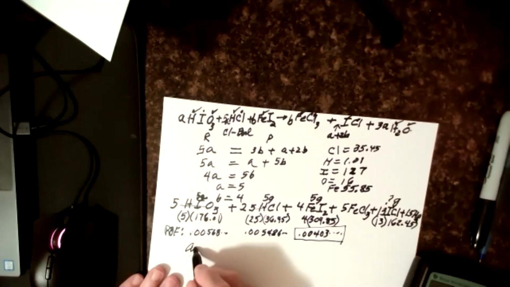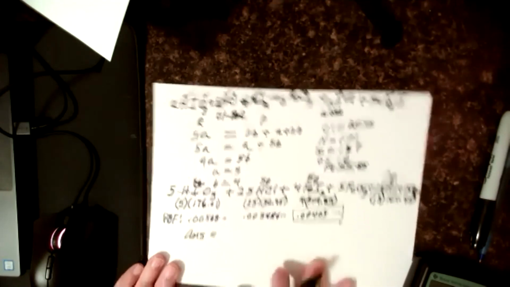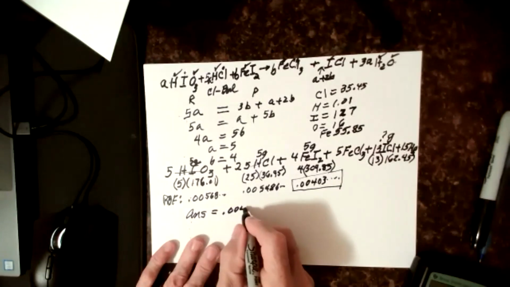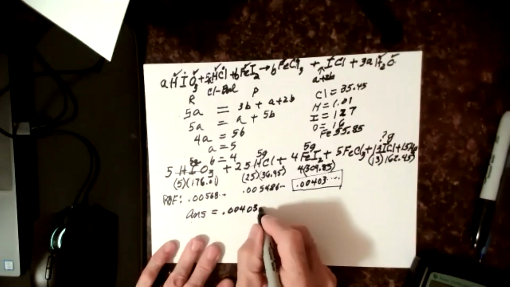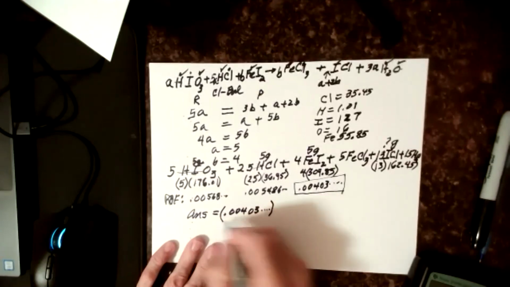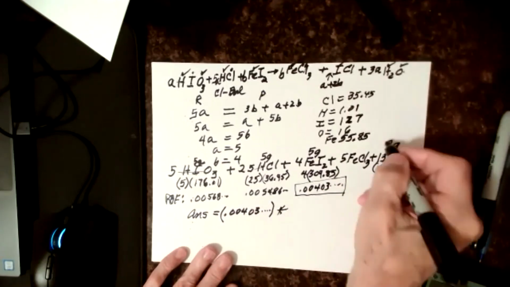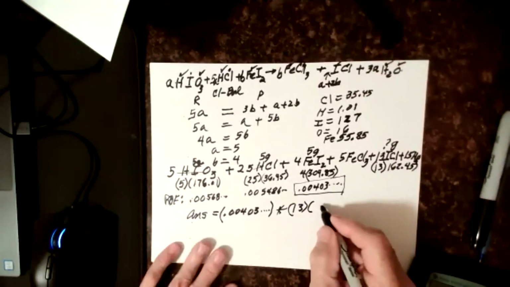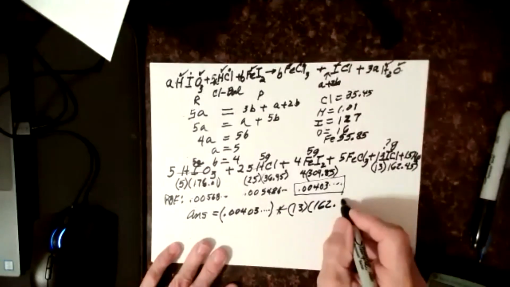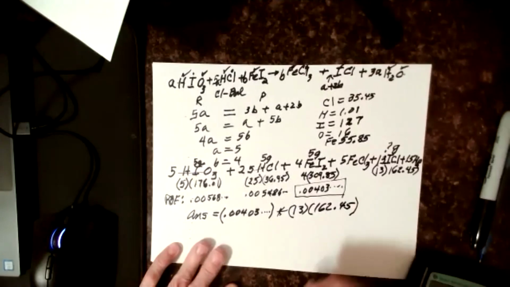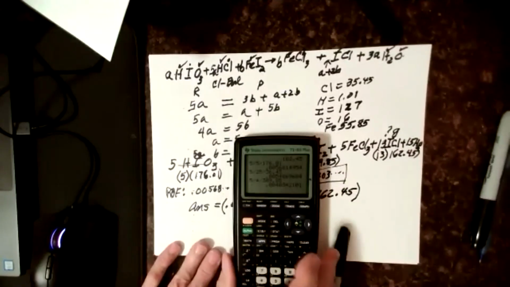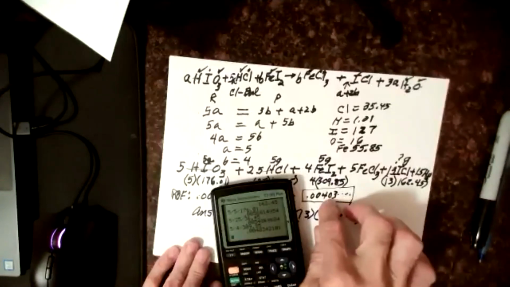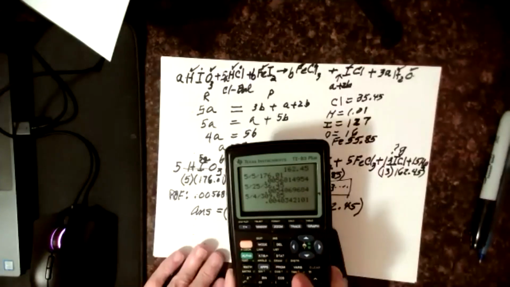So my answer is going to be equal to my limiting reagent rebalancing factor, 0.00403 and digits, times what's shown under my question mark here, 13, times 162.45. I'm sure you can't read my screen, but the last number I have is the limiting reagent rebalancing factor.